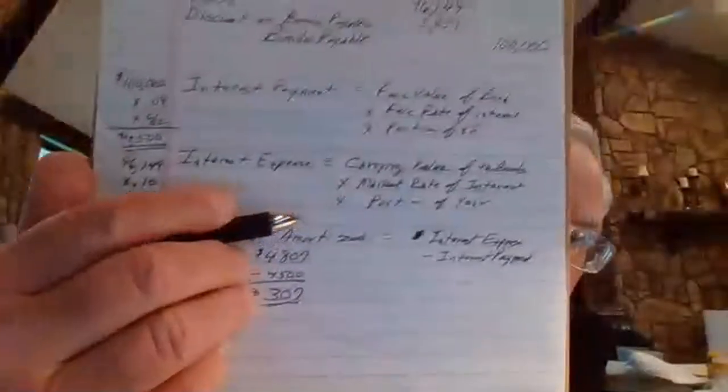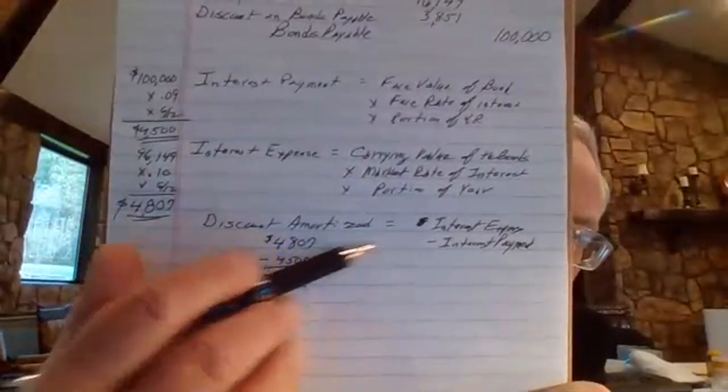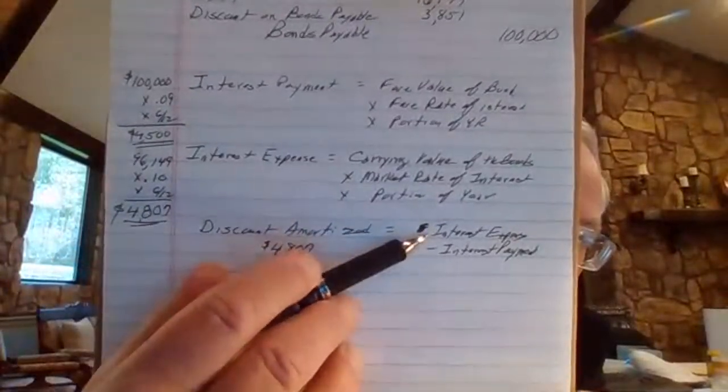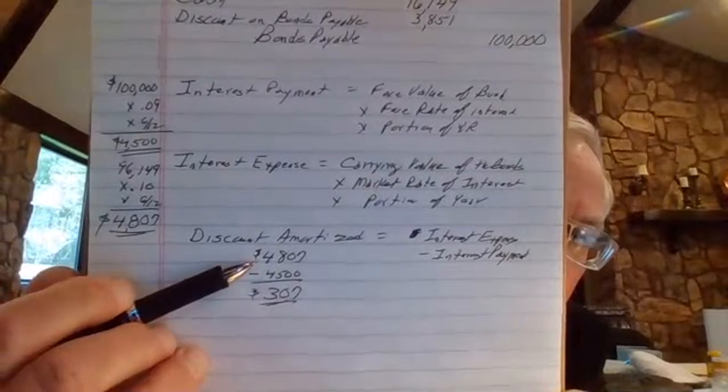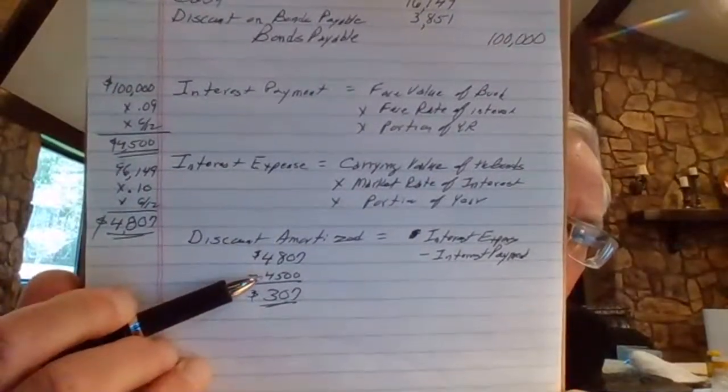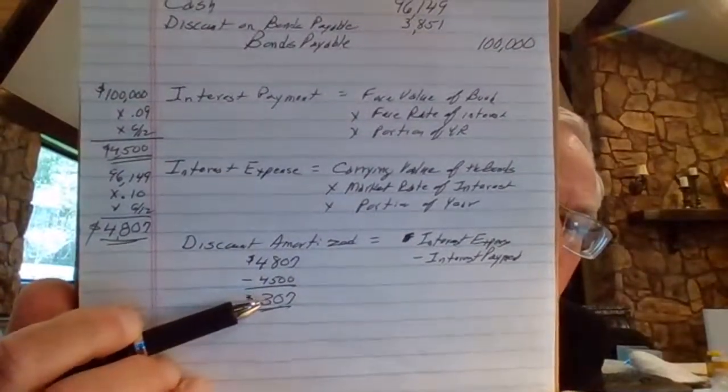Interest expense, 4,807 minus 4,500 interest payment. The amount of discount to be amortized is the interest expense less the interest payment. Interest expense of 4,807 less the payment of 4,500, 307.